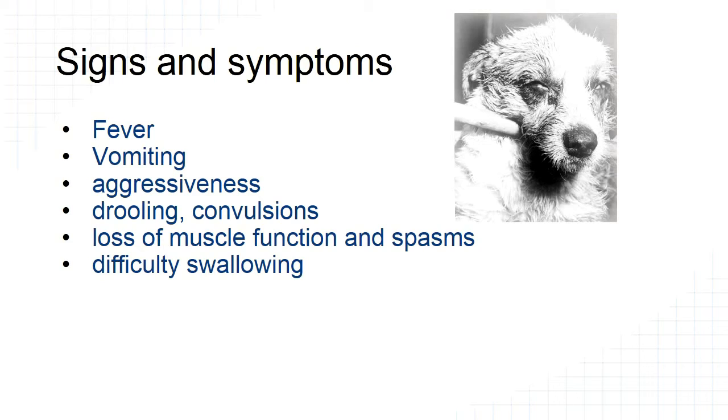Any number of these symptoms is probably a good indicator that the individual is infected with rabies. Though if you've not been bitten by any type of mammal recently, the chances of you having rabies are very, very slim.